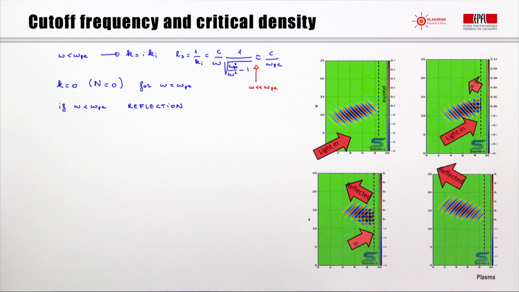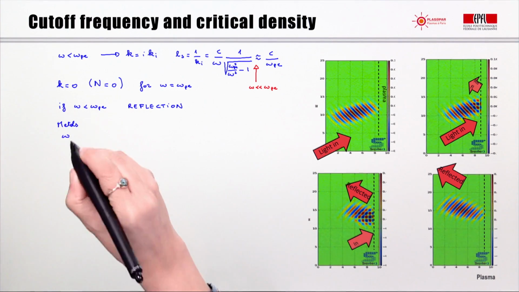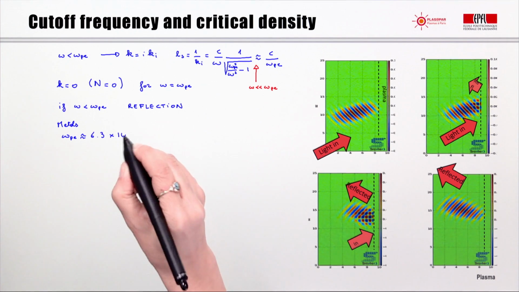A nice example that you are all familiar with, that is related to the fact that a cutoff frequency exists for light waves in a plasma, is the fact that metals shine. The free electrons in the conduction band of the metal, in fact, can be treated as a cold plasma, and then we can calculate a plasma frequency associated to that.